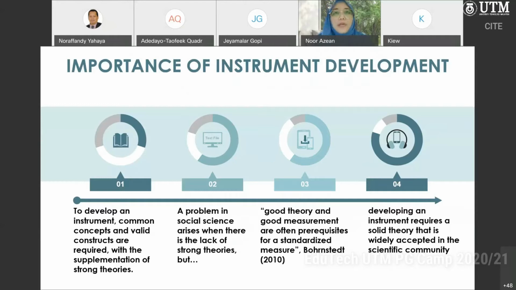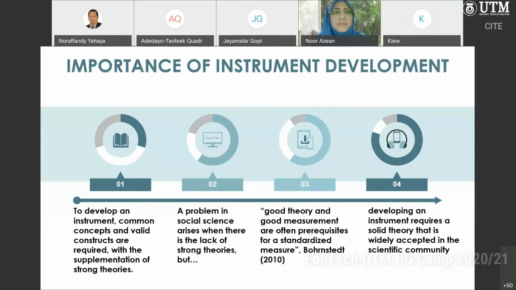So now we look at the importance of instrument development. Why is it important? In order to develop an instrument, common concepts and valid constructs are required, with the supplementation of strong theories. So back again to your research framework and also your research learning theory, right?